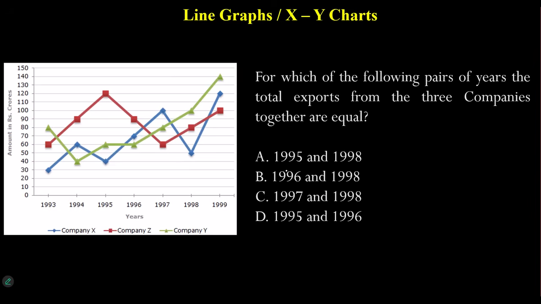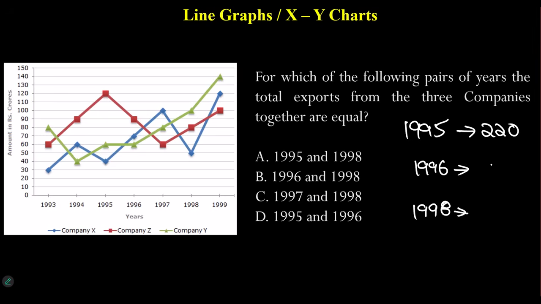The three companies together, in which two years combination we have to see where they're equal. If you try 1995, what is all three together? 40, 60, 100, 100 and 120, 220. Then I have to try with 96 and 98. In 1996 it is 60, 70, 130, 130 and 90, 220.